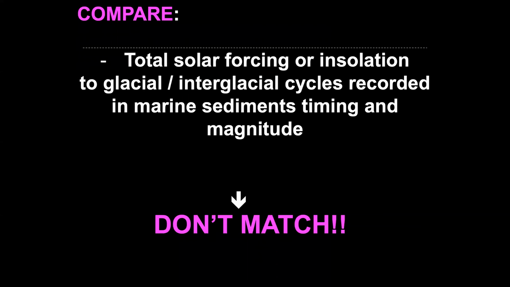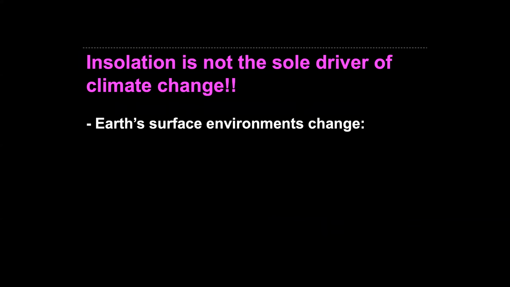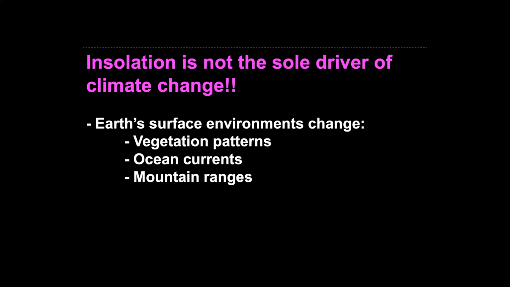Now, total forcing or insolation to glacial-interglacial cycles is often recorded in marine sediments, and the timing and magnitude don't match. So this is the idea that insolation is not the only driver of climate change. In this case, humans have begun to have a significant role in it, okay? Earth surface environments change: vegetation patterns, ocean currents, and of course mountain ranges are formed.